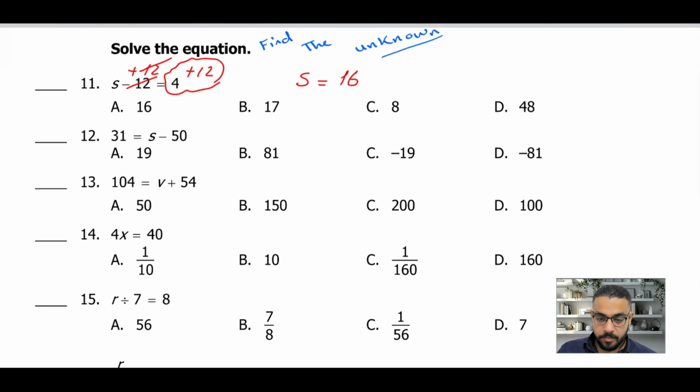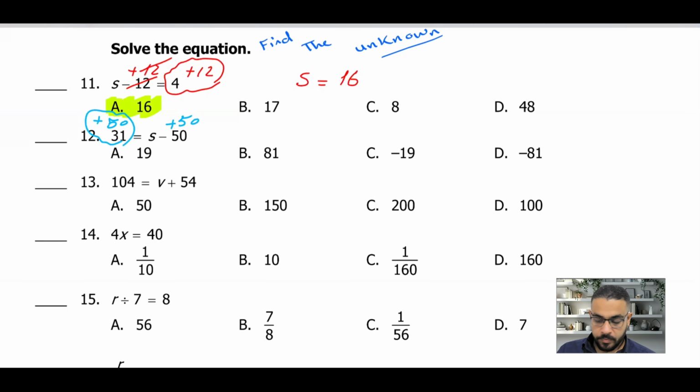So the answer is 16. And of course, you can do it mentally if it's easy to do. Question 12, it's 31 equals S minus 50. So I have to cancel the minus 50, doing the opposite operation, so I'm going to add 50 here and 50 there.